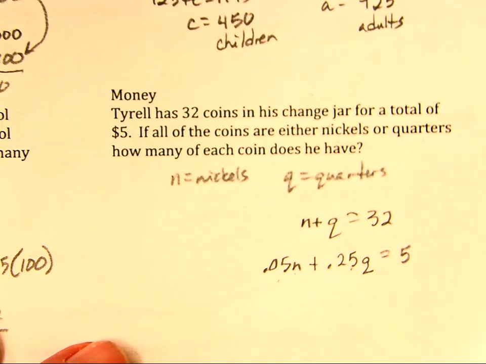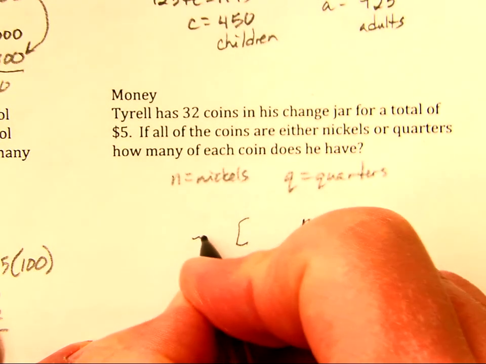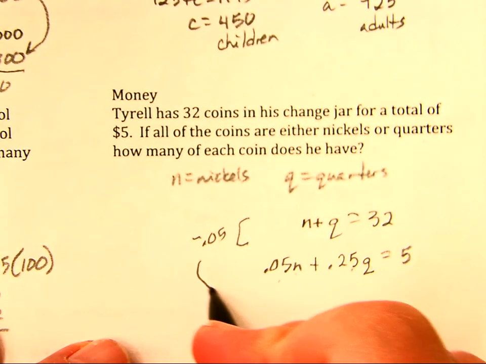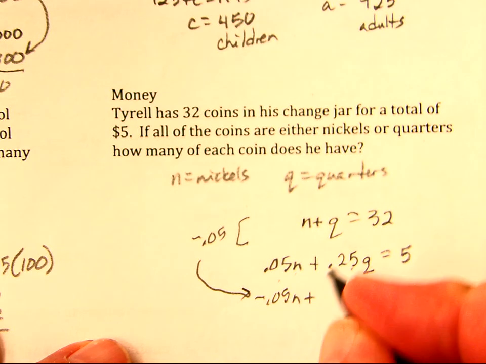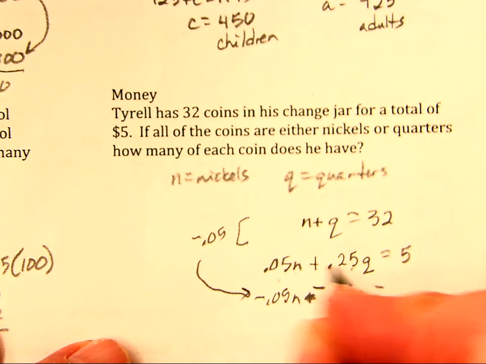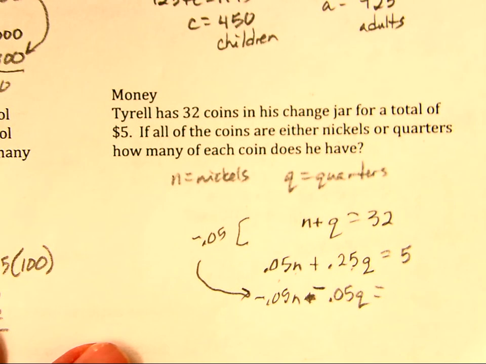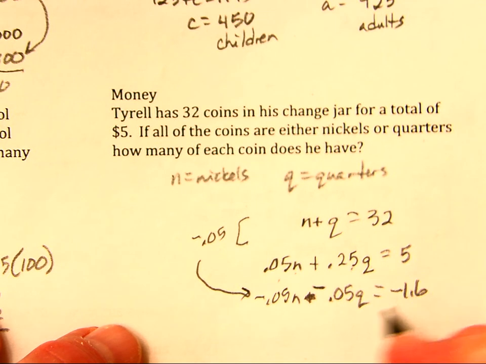There's our two equations. Now again, if we use the elimination method, we take this top one times a negative 0.05. That'd be a negative 0.05 times the number of nickels minus 0.05 times the number of quarters, and 0.05 times 32 is, what? Negative 1.6.